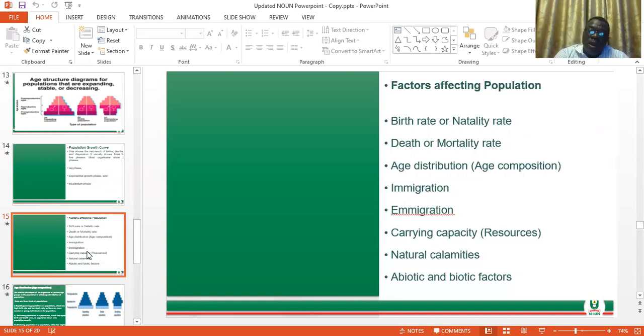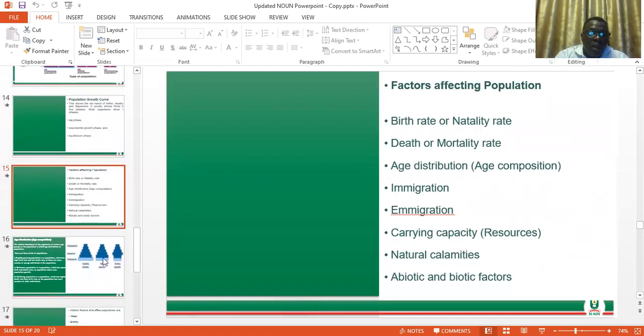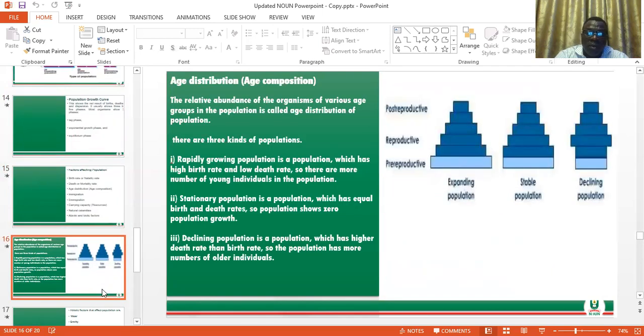These are the general characteristics that affect population structure.